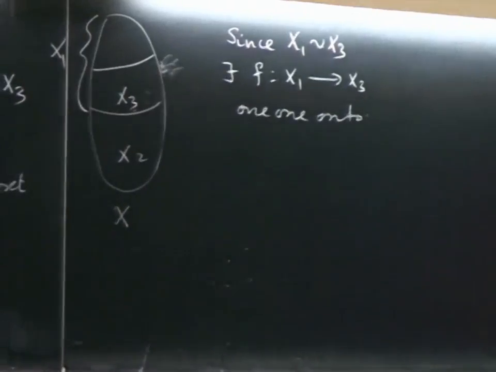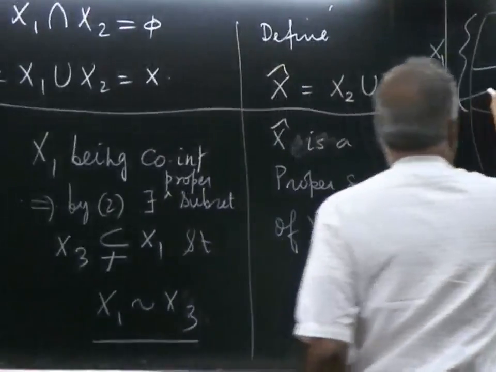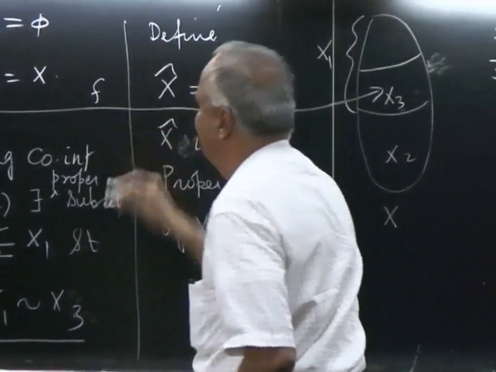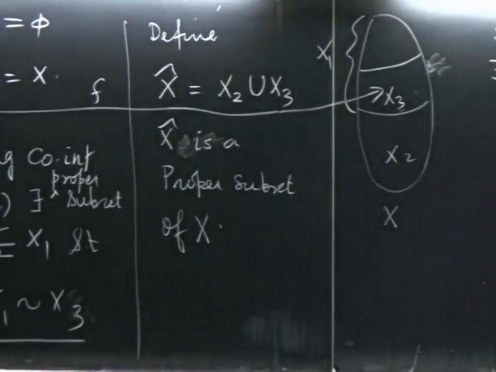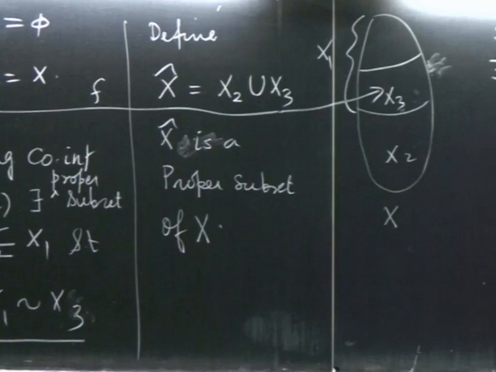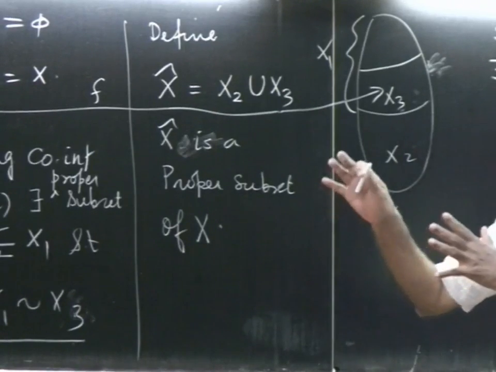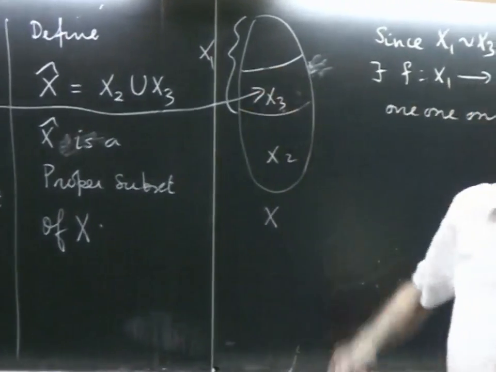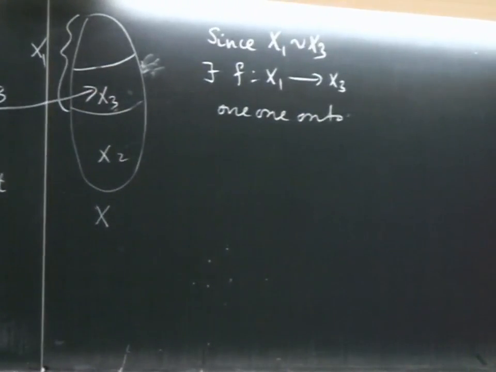Let me draw a big line here, from here to here is that f. Members of X1 are pulled to X3, and the entire X1 comes and sits inside the entire X3. It's 1-1 and onto.